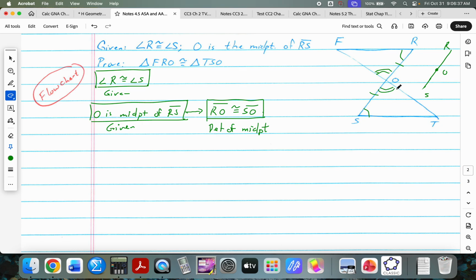Those vertical angles never going away. So since this doesn't come from either of these two things, I'll start like it's a new piece of information. Angle ROT is congruent to angle SOT because vertical angles are congruent. Or you can write the vertical angles theorem if you would prefer.